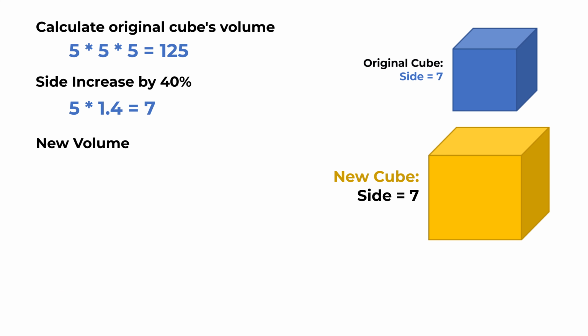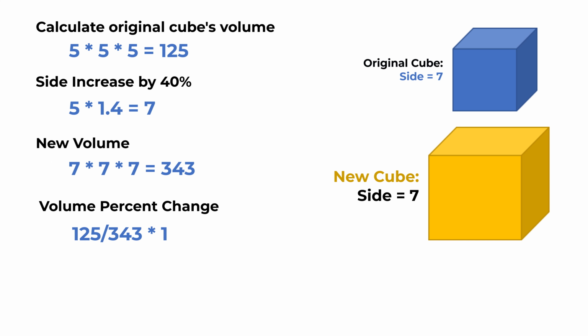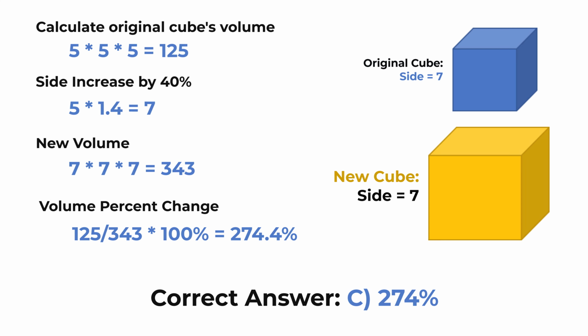So the volume of the new cube can be calculated as 7 multiplied by 7 multiplied by 7, and the result will be equal to 343. To calculate the volume percent change, we need to divide 343 by 125, which is the original cube's volume, and multiply by 100%. The result is equal to 274%. So the correct choice here is C, 274%.